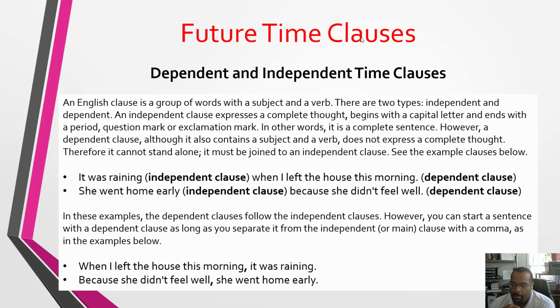But if I said, when I left the house this morning, you would say, okay, what happened? Because I started off with when I left the house this morning, I need to tell you some more information. That is a dependent clause. So when we put these two together, it's important that we see the independent clause and the dependent clause. So: it was raining when I left the house this morning.